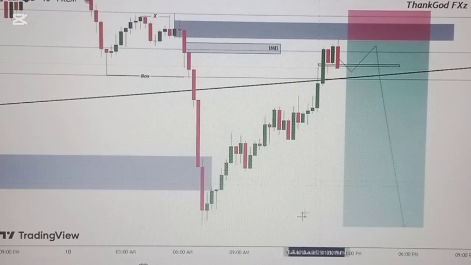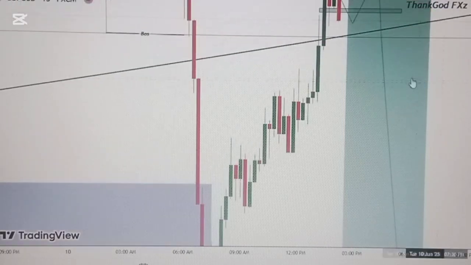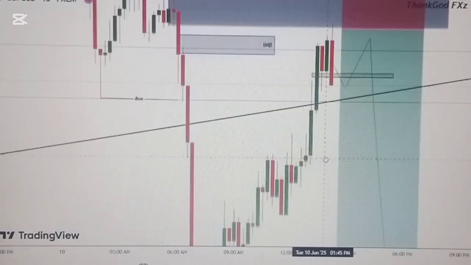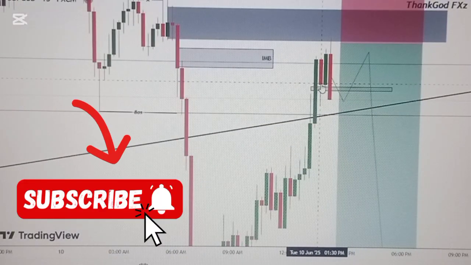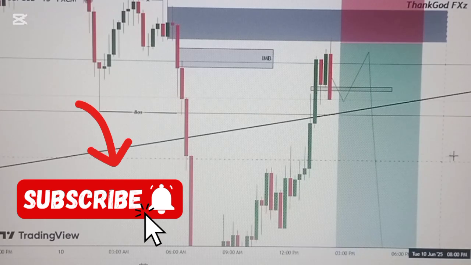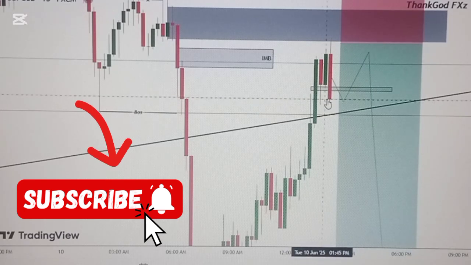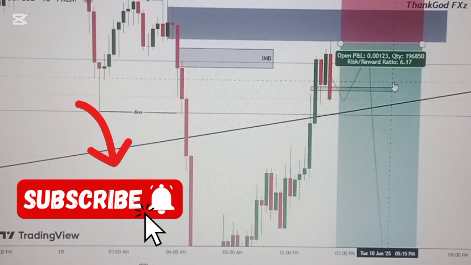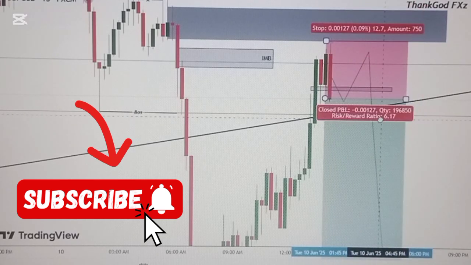Just check out this bearish engulfing candle right now. So this is our neckline. Immediately this bearish engulfing candle closes like this, then you are free to take the trade just as I entered the second phase, just like this.